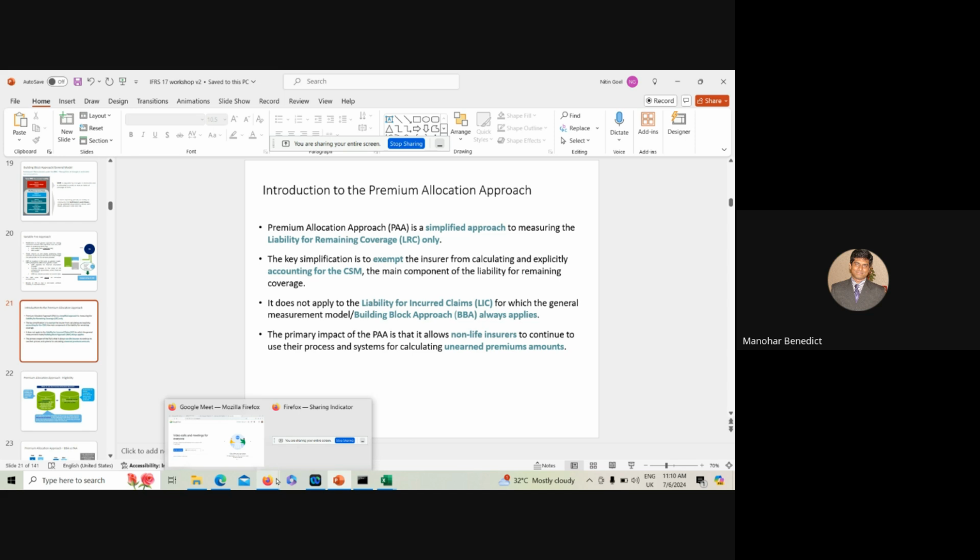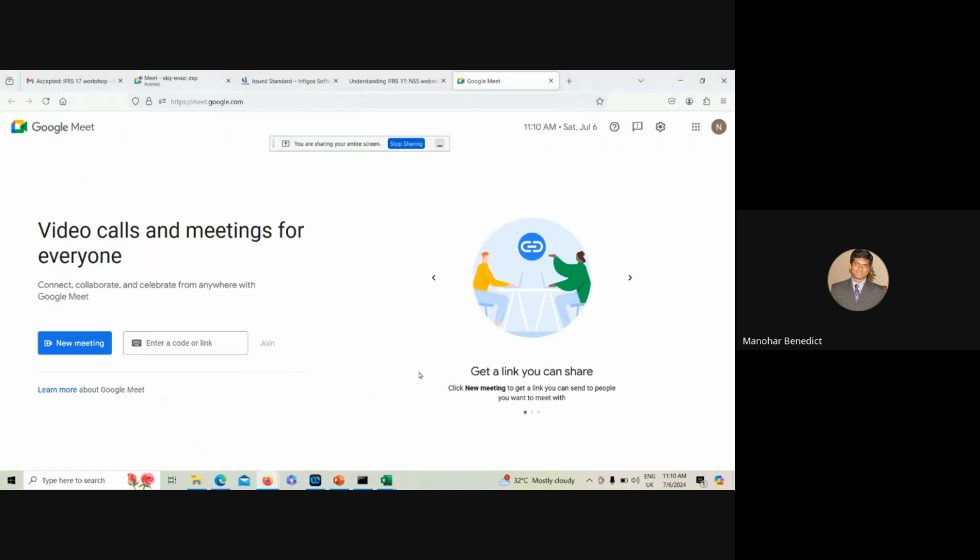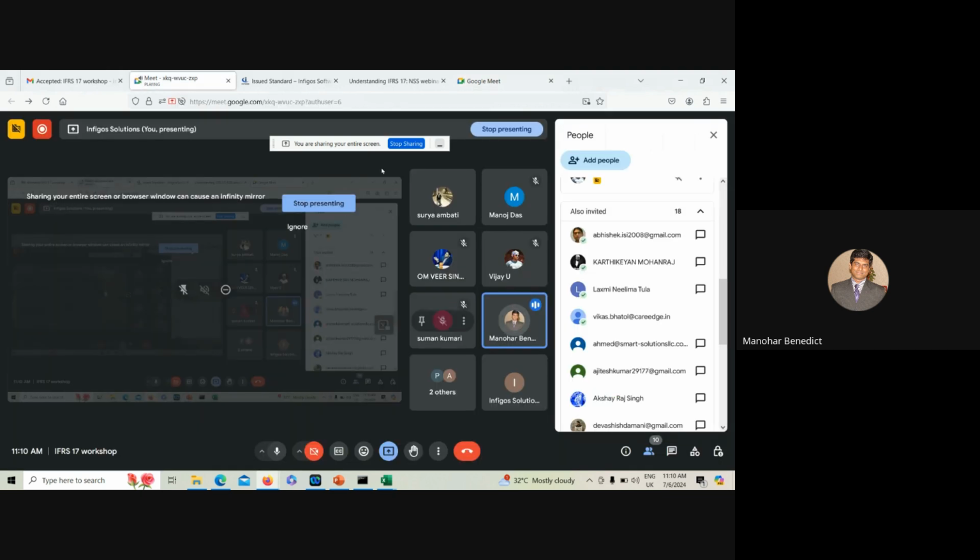Sometimes you book more profit, or sometimes you defer profit and amortize it, or you recognize profit earlier. There have been all these non-standard ways of companies doing things.